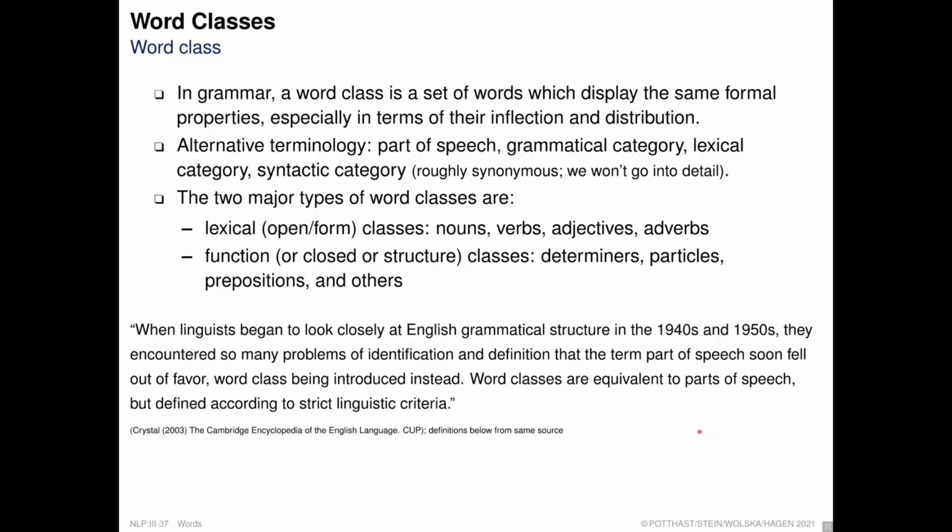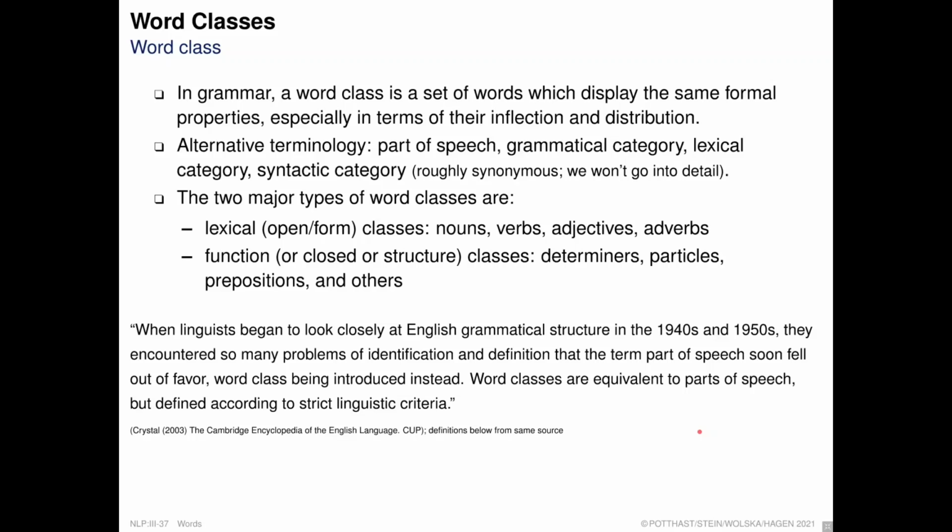Those are nouns. You can create nouns in arbitrary ways. You can create new nouns. The same with verbs. The same with adjectives. The same with adverbs. So these are called open classes because the formation processes and actually forming new words in these classes is in principle infinite.